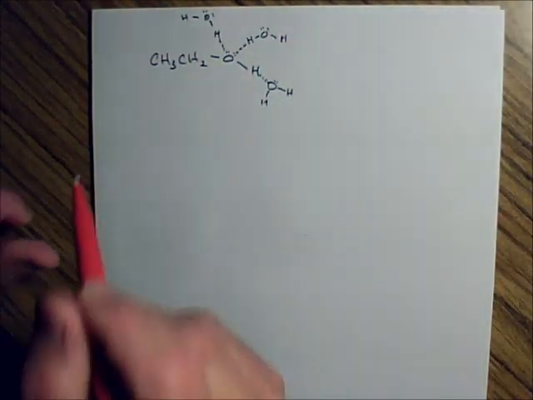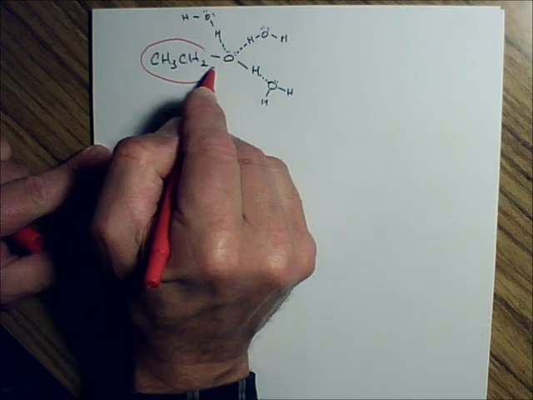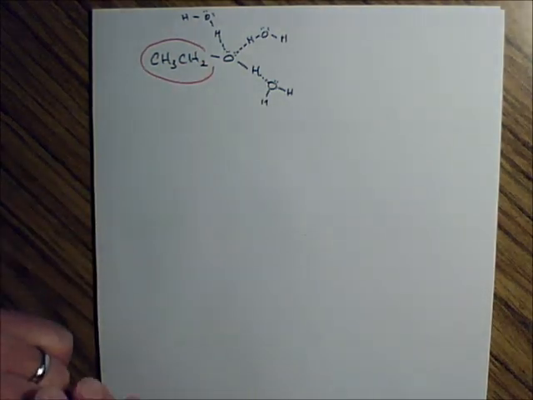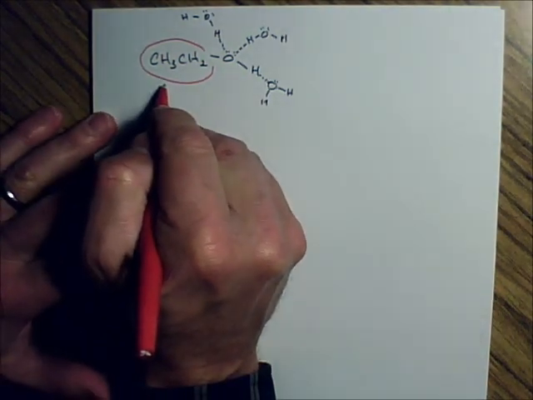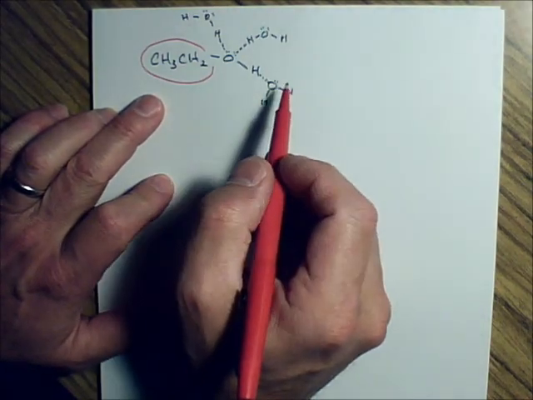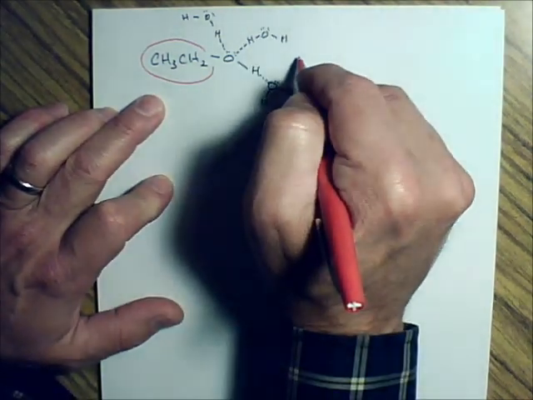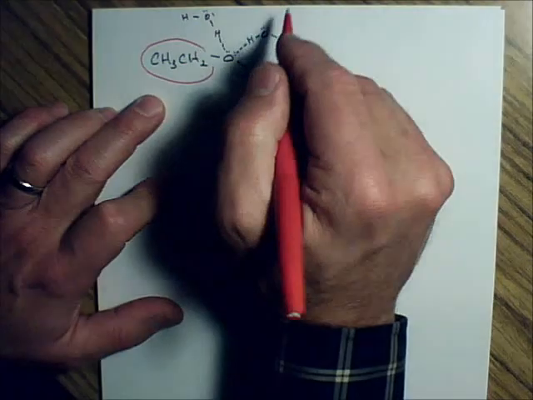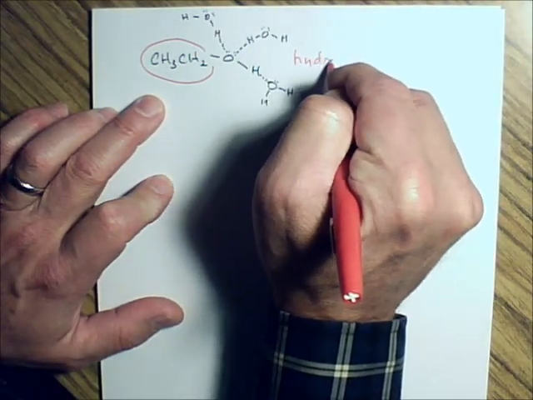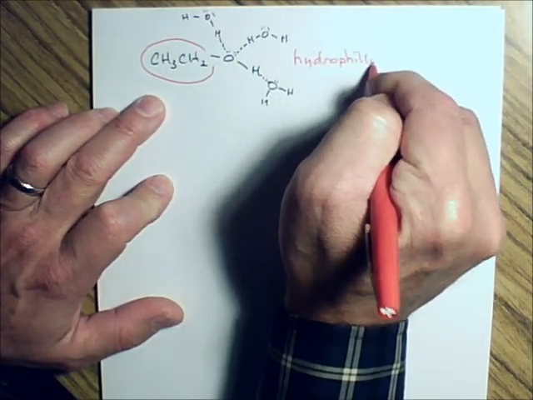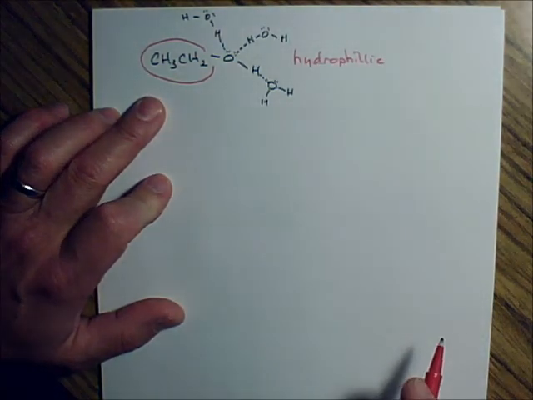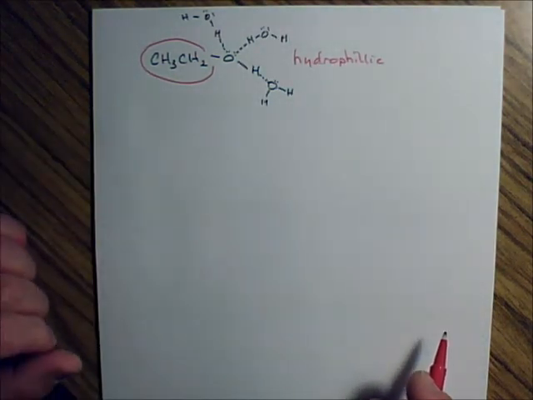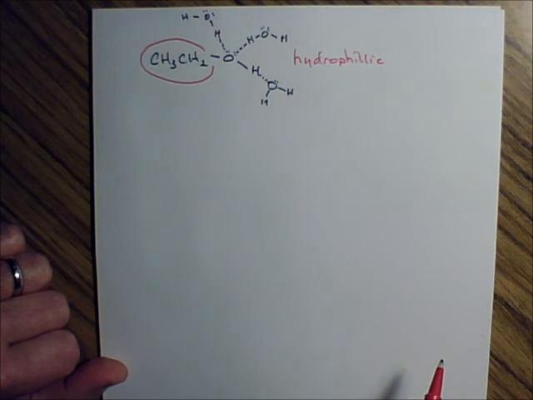At the same time, this end of the molecule is nonpolar, making that end of the molecule hydrophobic while this end is hydrophilic. Hydrophilic means it likes water. Anybody know what the name Philadelphia means? City of brotherly love.